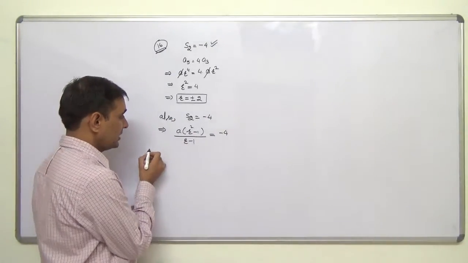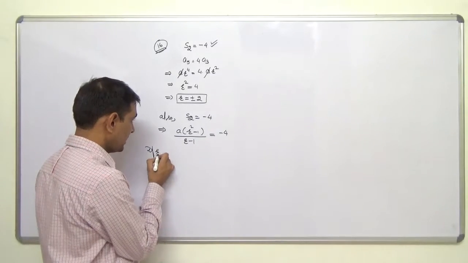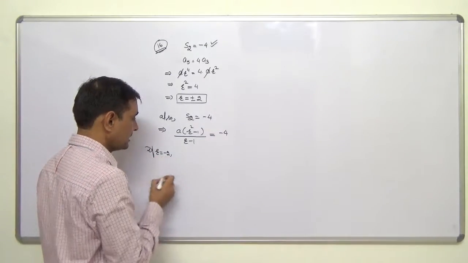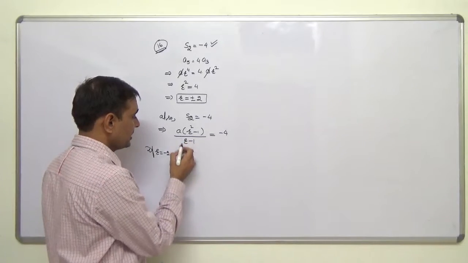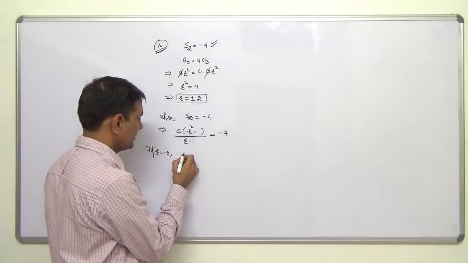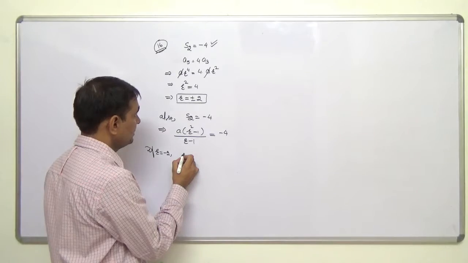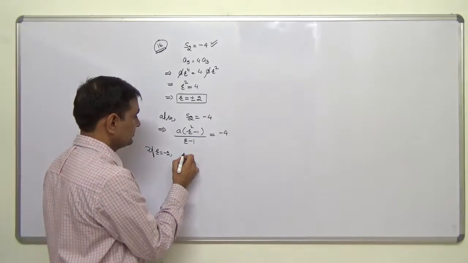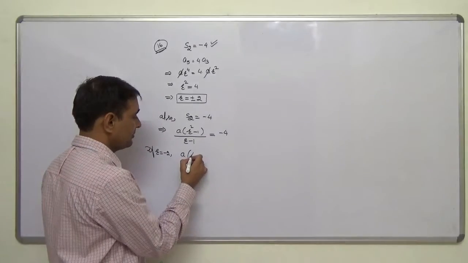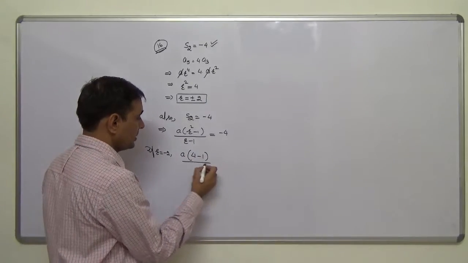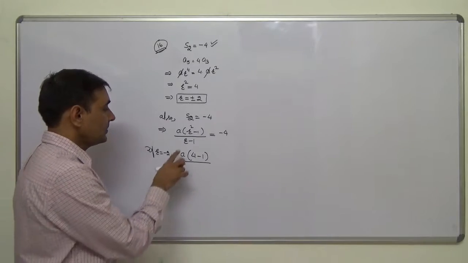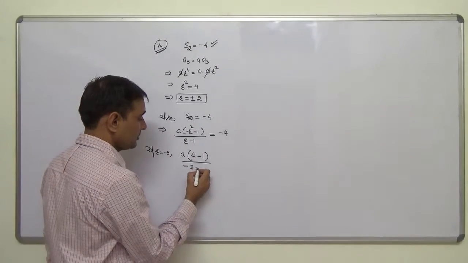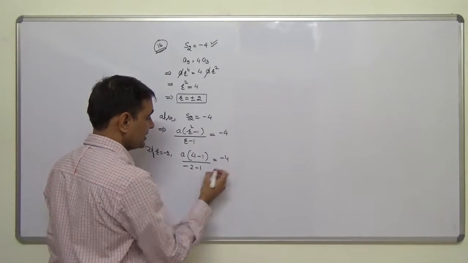So एक बार if we take R equal to -2, right? Then ये हमारे पास होगा A. What is A? A हम नहीं जानते. A into R square, that is 4, minus 1 upon -2 minus 1, that is -4.